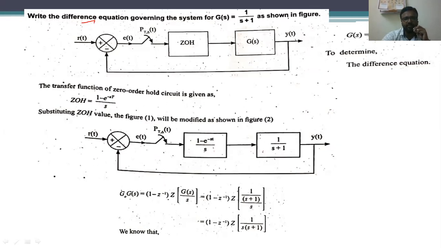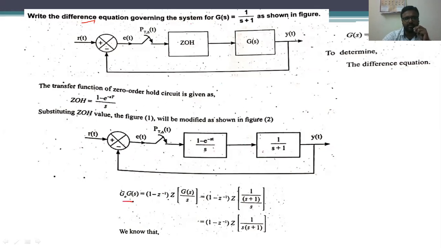So the expression for the zero order hold circuit is nothing but 1 minus e power minus s divided by s, which is cascaded with the discrete data system, which is 1 divided by s plus 1.